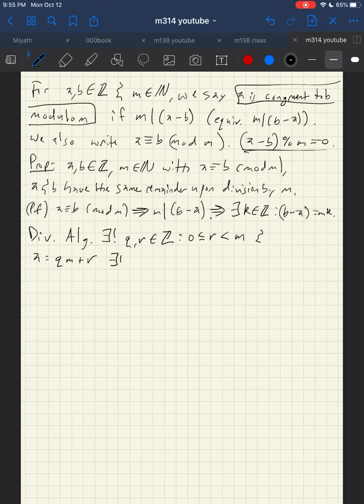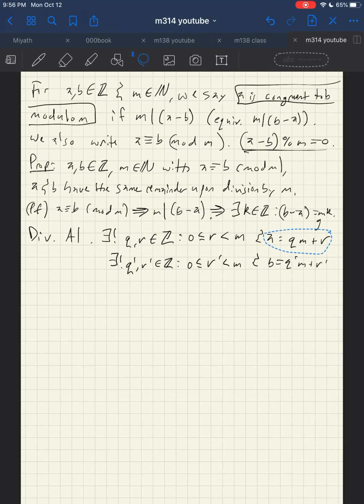And applying the division algorithm again, there exist unique integers q prime and r prime such that 0 is less than or equal to r prime, which is strictly less than m, and we have b is equal to q prime m plus r prime. So these things both follow by the division algorithm.